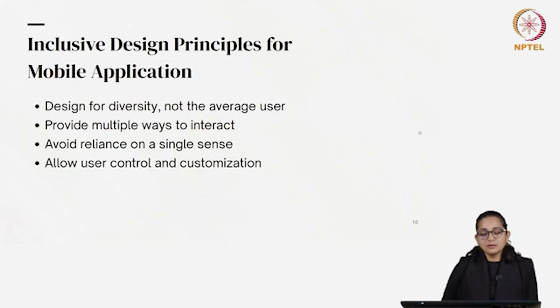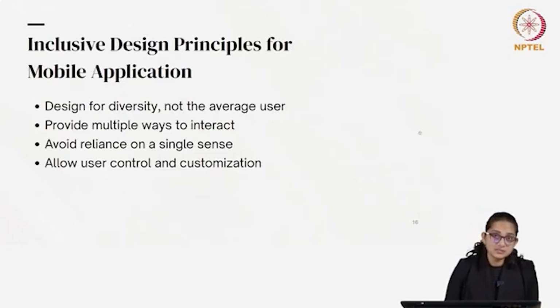Or if I want to buy something from an e-commerce website, all of that is enabled through mobile phones. Now let us talk about, of course, when we are designing applications for mobile, there are some inclusive design principles which have to be kept in mind. So we have to design for diversity and not the average user.